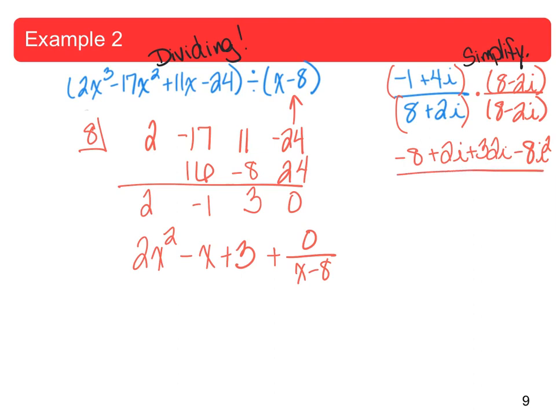Excellent. 8 times 8 is 64. 8 times negative 2i is negative 16i. 2i times 8 is positive 16i. 2i times negative 2i, that is minus 4i squared.